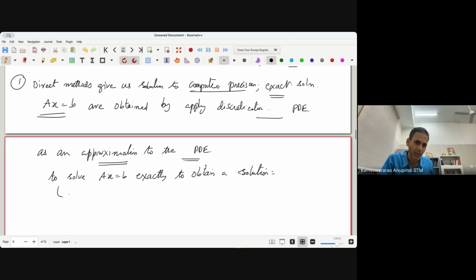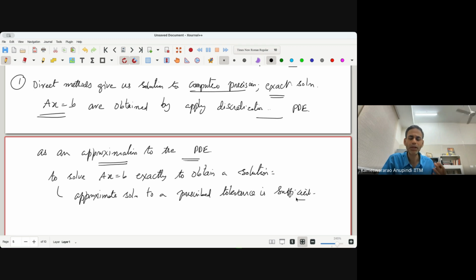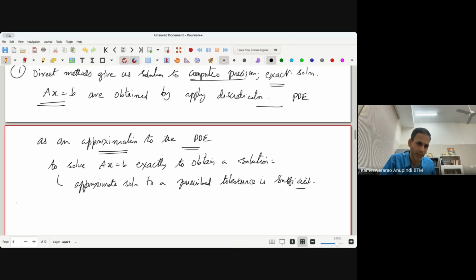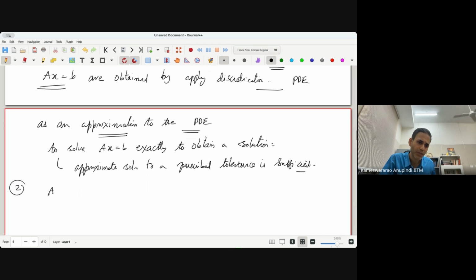Rather, an approximate solution to a prescribed tolerance is sufficient. That means we don't need an exact answer. We can give some tolerance, and if we can converge to that tolerance, this is sufficient. The next thing is that most of the time the matrix A is sparse.